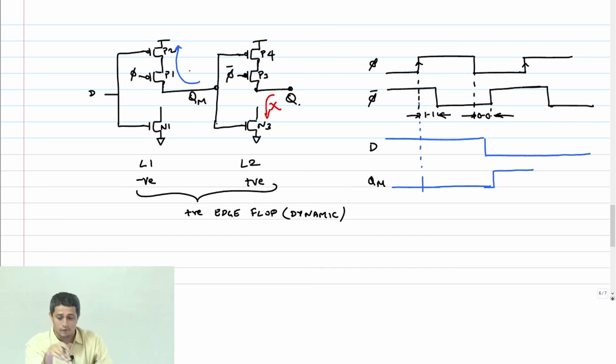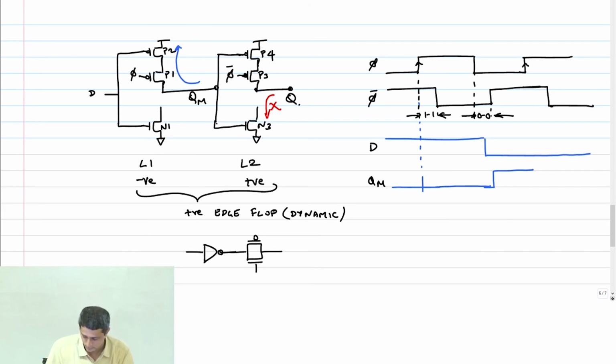For example, if I replace this guy with a circuit like this, this is also a dynamic latch. And I put another inverter here and make a flop like this. Let me call this phi bar, so this is phi bar and phi.